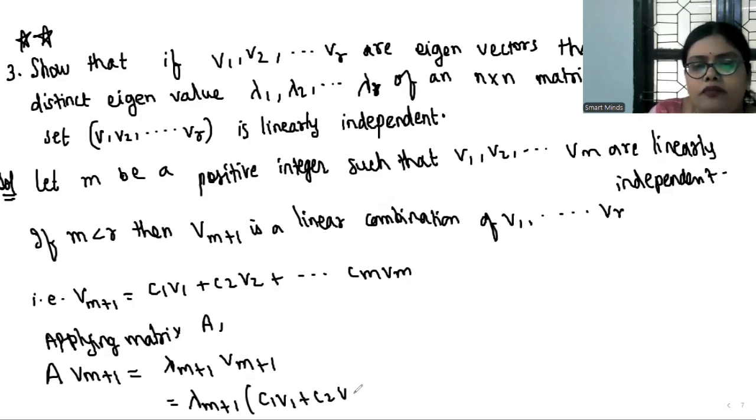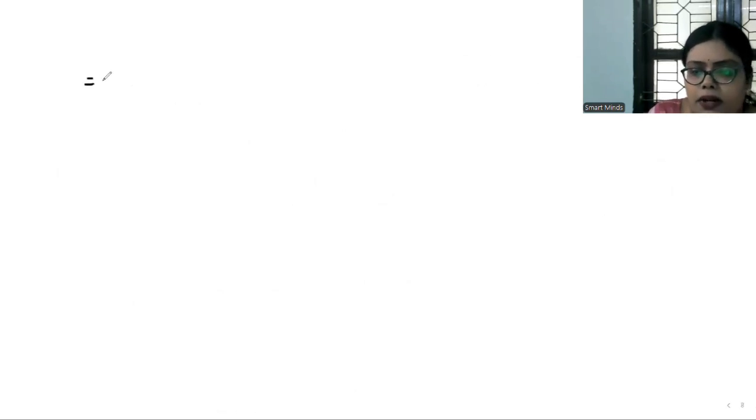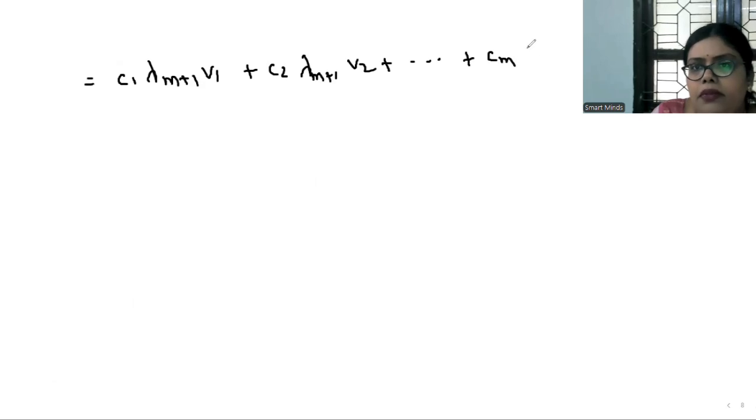C1V1 plus C2V2 plus so on up to CmVm. Now we multiply that lambda inside. So C1 lambda m plus 1 V1 plus C2 lambda m plus 1 V2 plus so on up to Cm lambda m plus 1 Vm.